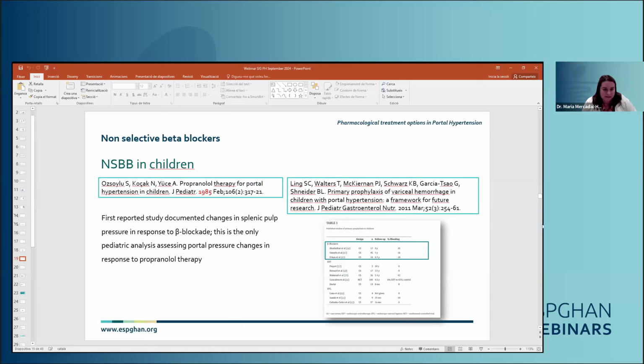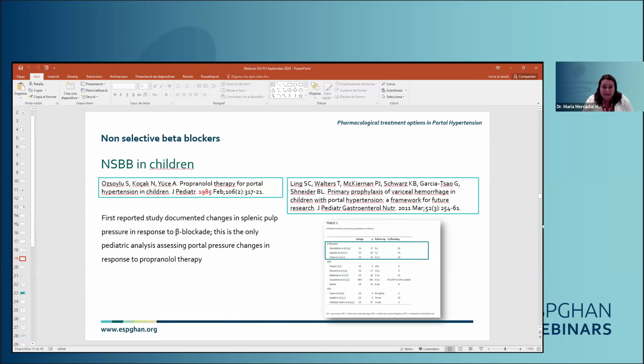They started in 1981, and by 1985, we can already see a first study where it's first reported changes in splenic pulp pressure, which is not a great measurement of portal hypertension, but it's a first step in trying. But it was the only pediatric analysis assessing this portal pressure change because of propranolol therapy.